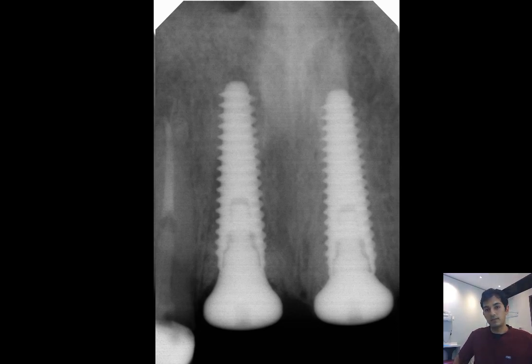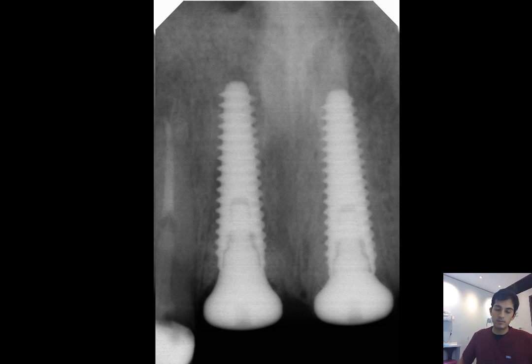Coming back to the discussion of the type of healing abutment I used, I tend to use the Megagen stock titanium healing abutments wherever possible, as opposed to a customized healing abutment or a provisional restoration. And the reason for that is their healing abutments, as you can see in the x-ray, are relatively anatomic.